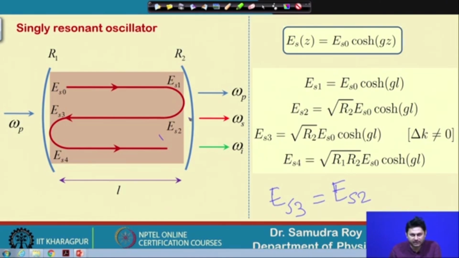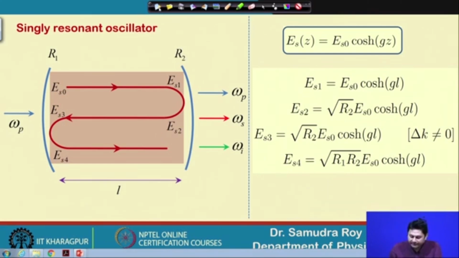There is no amplification because of the delta k not equal to 0 condition, and we will have the same field if there is no loss. If there is loss, then obviously there will be an exponential loss term associated with that, but for the time being we consider there is no linear loss.